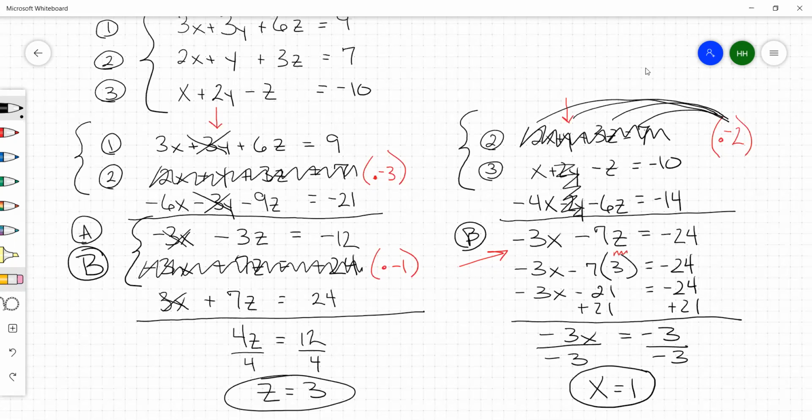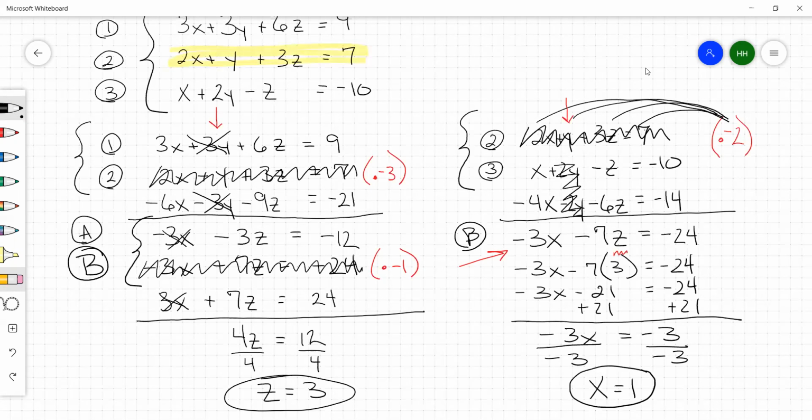So now we've got an x and a z. Now we're going to go to an equation that has a y in it. If I go all the way back up to the top, equation number 2, it's got an x, a y, and a z in it. And I know the value of x and z.